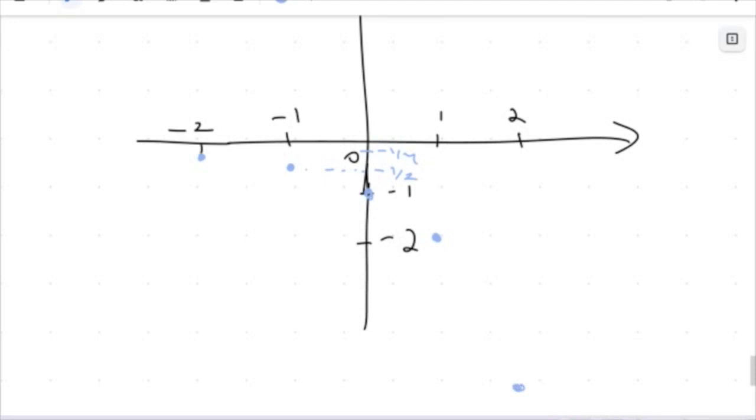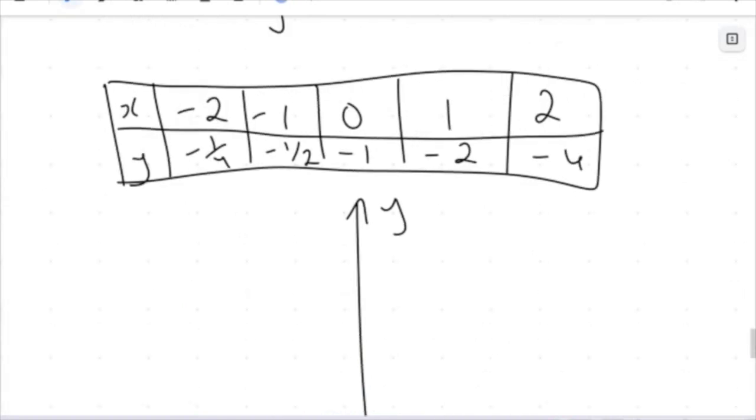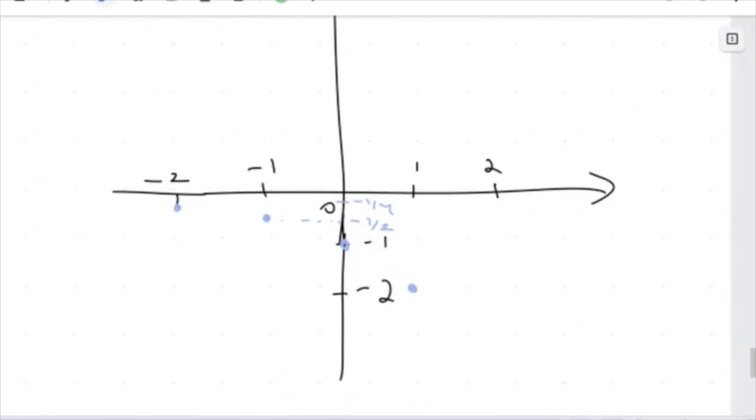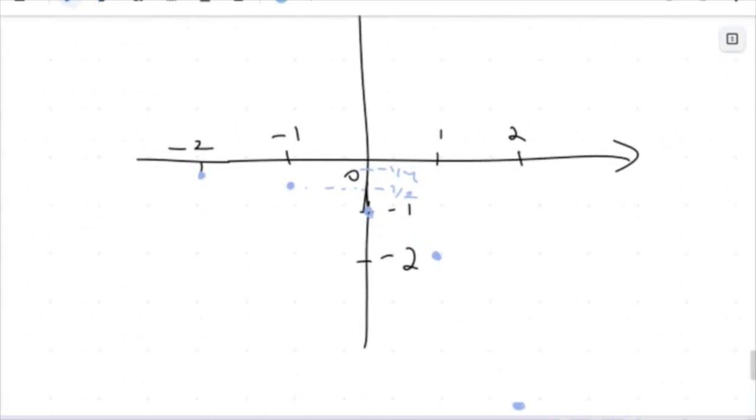So that's roughly down here. So if we connect the dots, and now if we subbed in values on this side of -2, so smaller and smaller values, it would still be a negative value of y, but that negative value of y would approach 0. So we'd get -1/8, -1/16. It's going to get closer and closer and closer to 0.